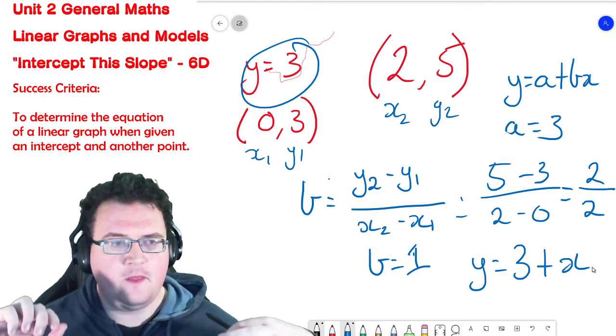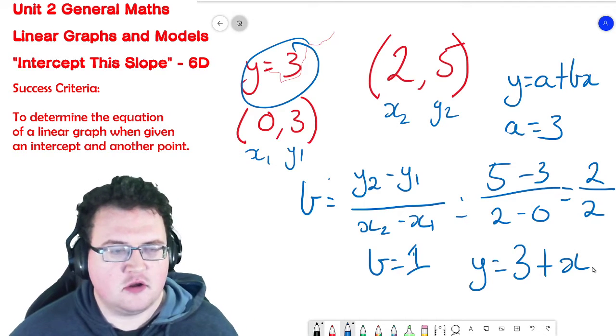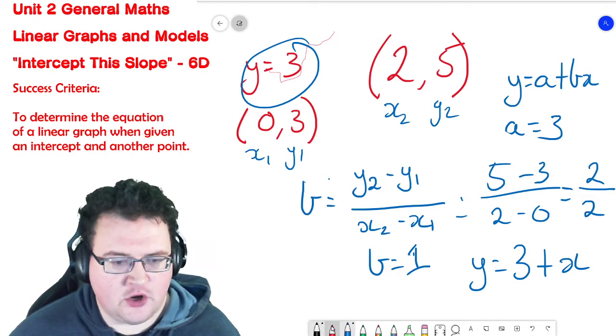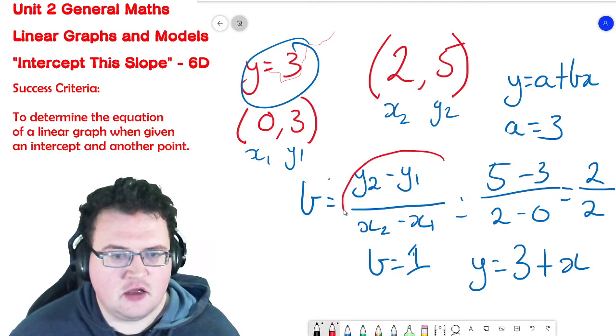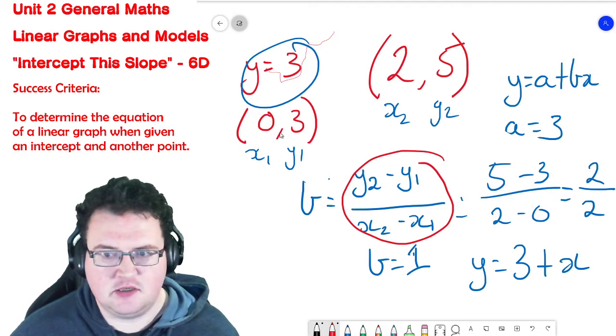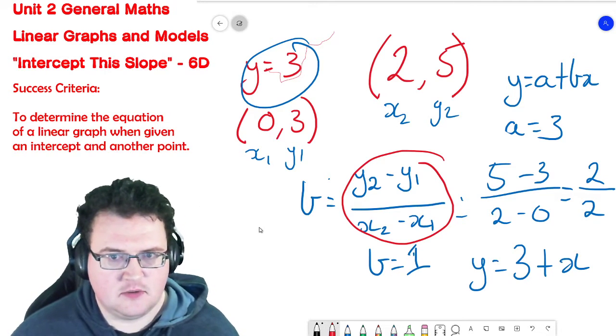This pattern is what you need to keep doing for 6D. And you'll have this here that you'll need to remember. To find b, you need the 2 points, and one of those points is going to be an intercept, whether an x-intercept or a y-intercept.